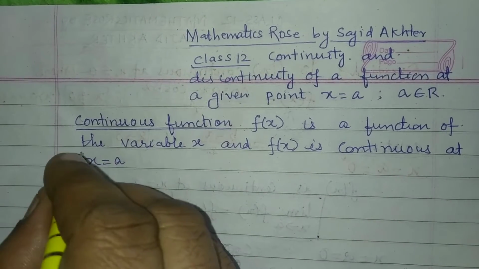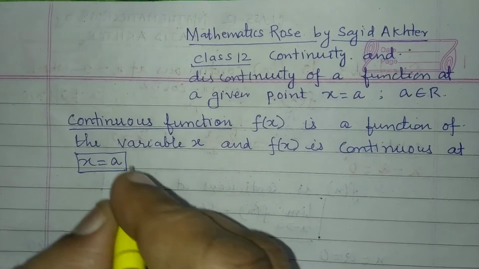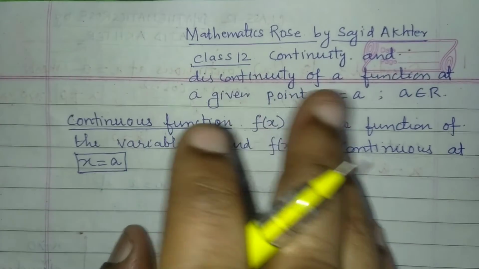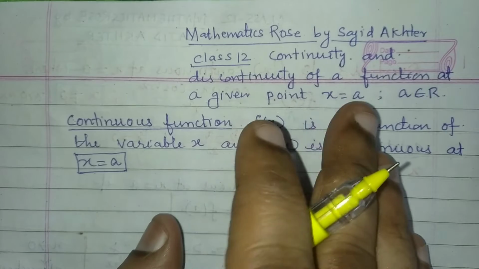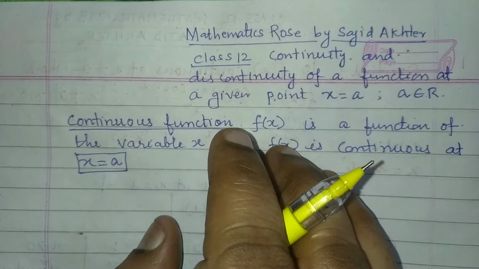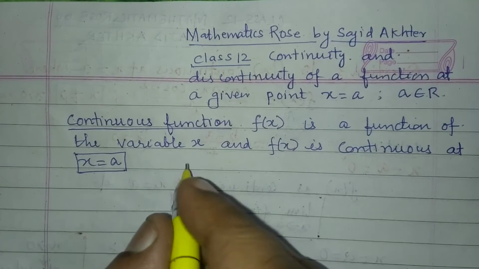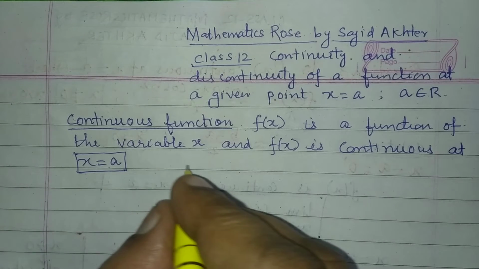Here we are going to explain continuity of a function at a particular point. After that, I will explain continuity of a function in an interval at the point a.